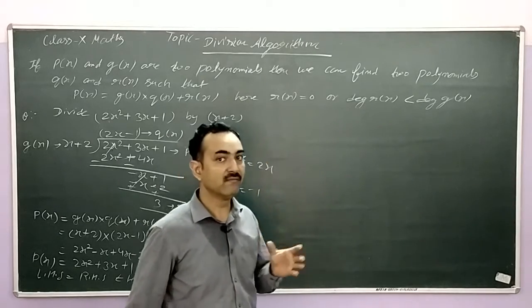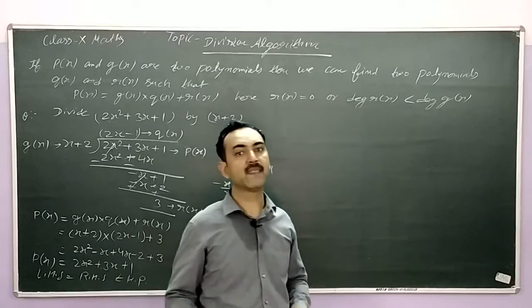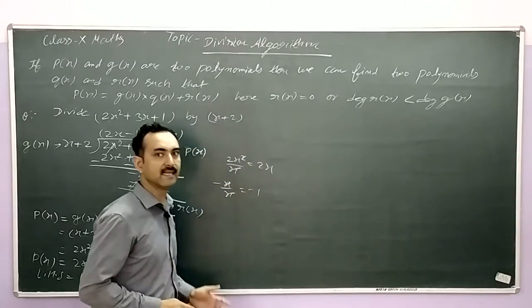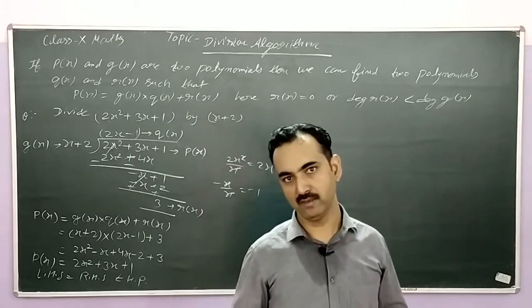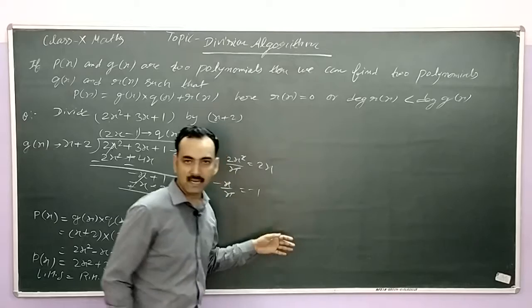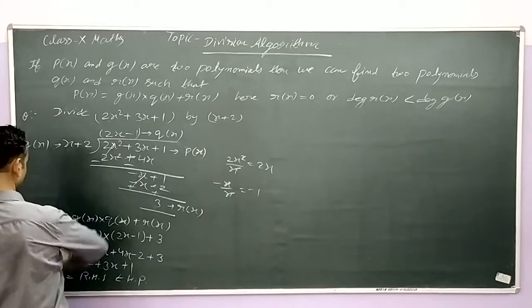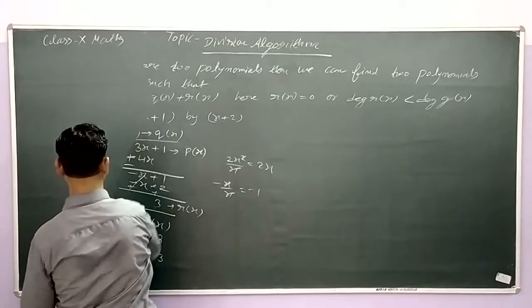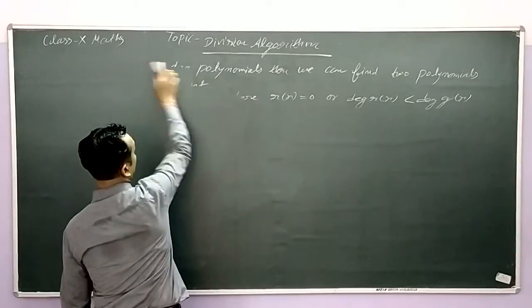When we divide the given polynomial by the first polynomial, and if the remainder R(x) is 0, then you can say that the polynomial is a factor of the other polynomial. Now we will understand better with another question. We take another question here so you can understand better. You can note this down in your copies.